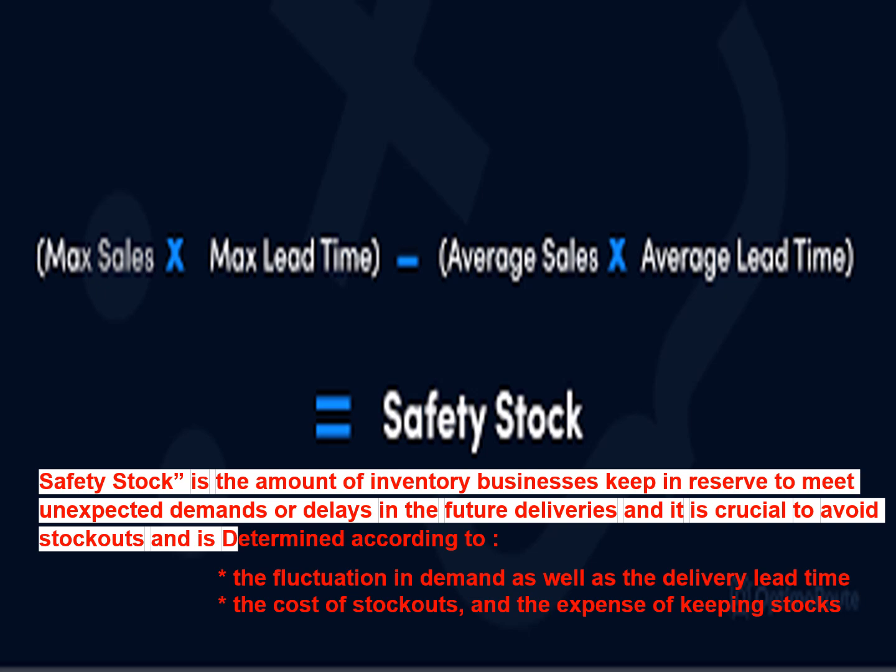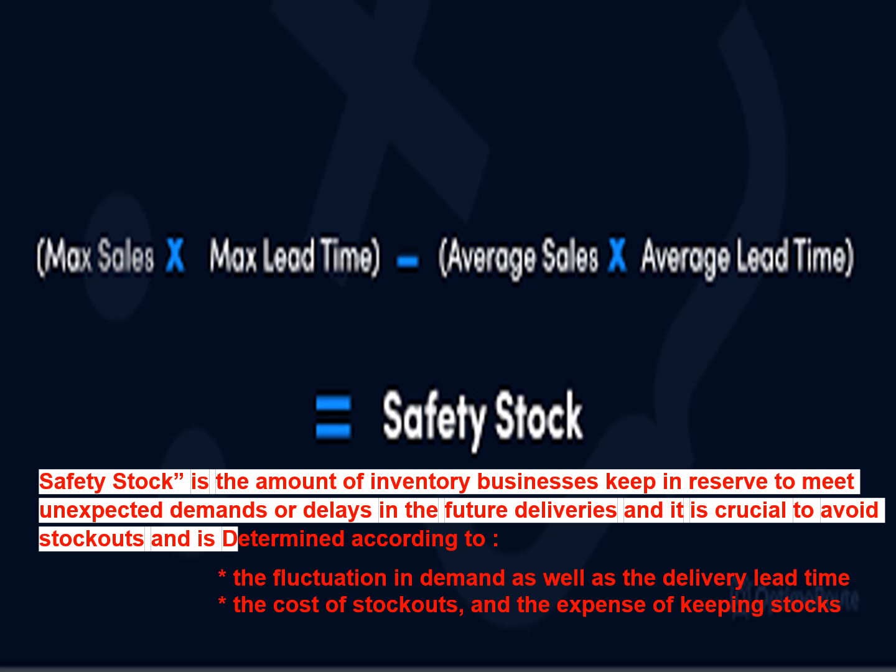Another technique to manage inventory is to keep safety stock. Safety stock is the amount of inventory businesses keep in reserve to meet unexpected demands or delays in future deliveries. It is very crucial to avoid stockouts, and it is determined according to the fluctuation in demand as well as delivery lead time, the cost of stockouts, and the expenses of keeping the stocks.